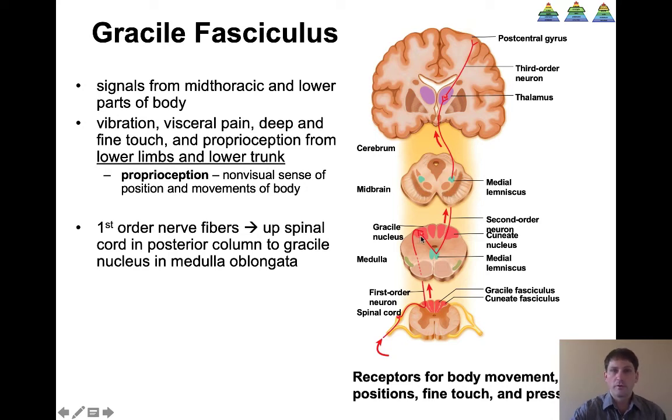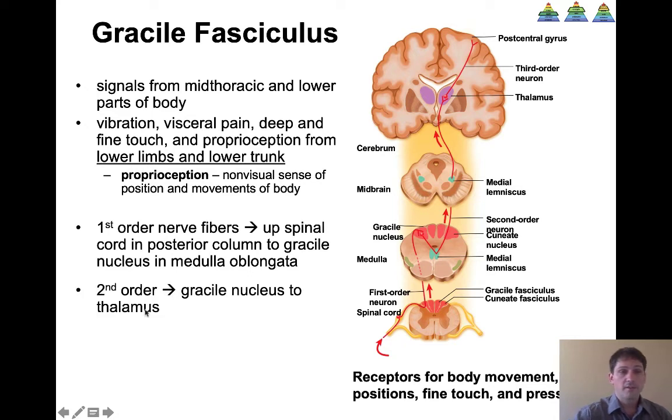You don't need to know the gracile nucleus, but if you remember, a nucleus is a collection of cell bodies, but that is in our central nervous system. So basically, when you are sensing information in your lower limbs, it's passing up a single neuron from your lower limbs into your spinal cord all the way up to your medulla oblongata in your brainstem there.